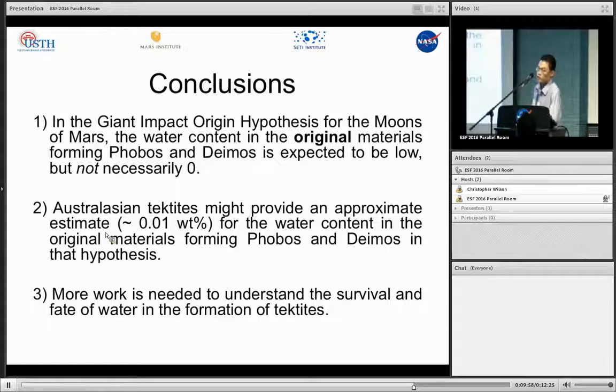However, we need to do more work to understand the survival and fate of water in the formation of tektites, as well as the survival and fate of water in the original material of Phobos and Deimos. And thank you.